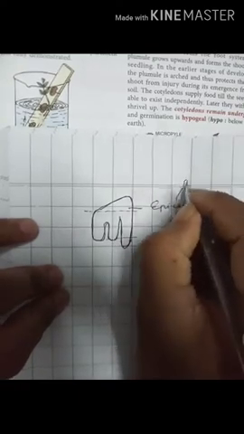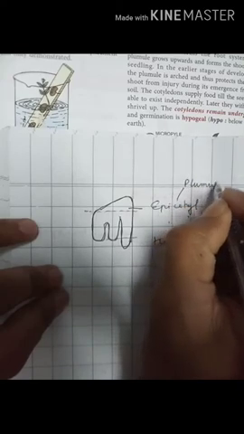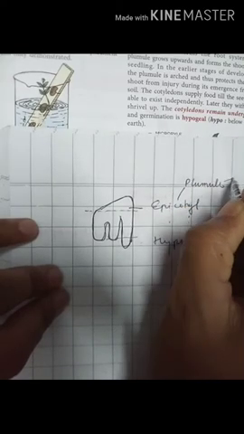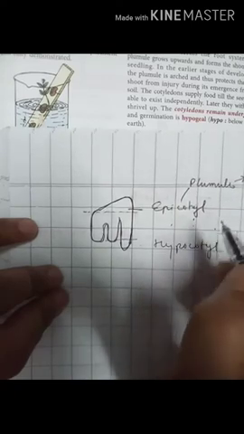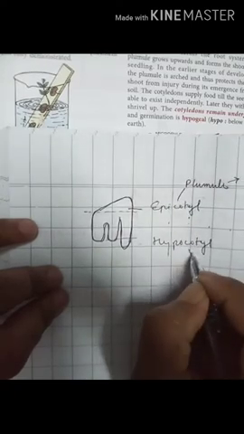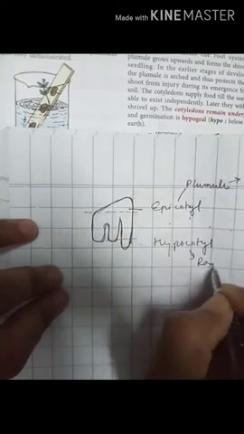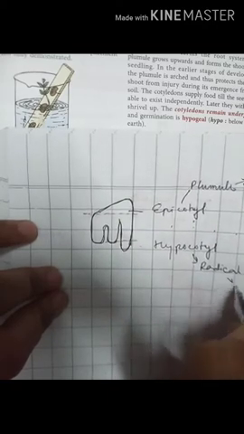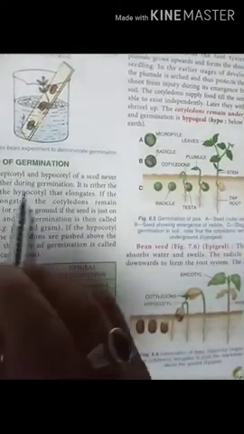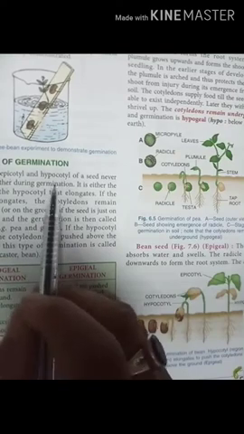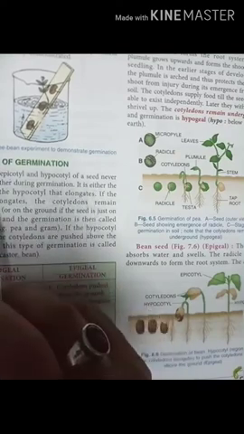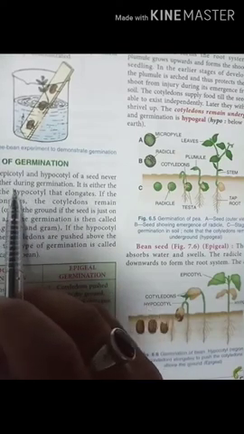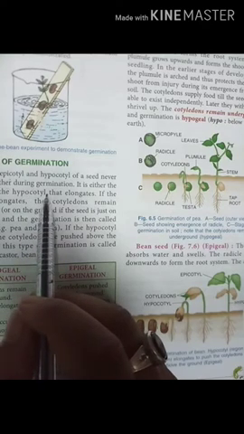Epicotyl later develops into the plumule that gives rise to the shoot part of the plant. Hypocotyl develops into the radicle that later gives rise to the root system of the plant. So here it is mentioned that epicotyl and hypocotyl of a seed never elongate together during germination.